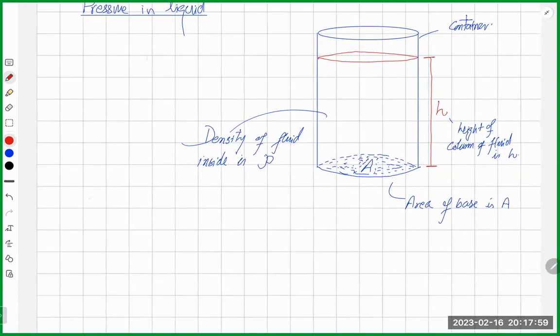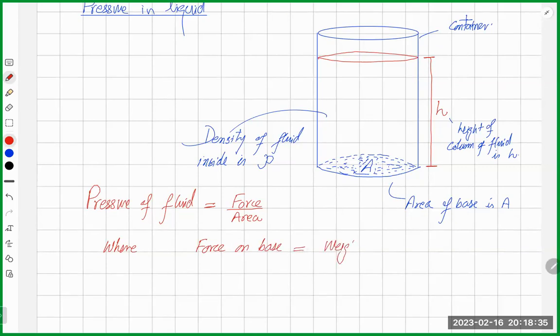Now, pressure of fluid equals force over area. Where force on base equals the weight of the liquid.